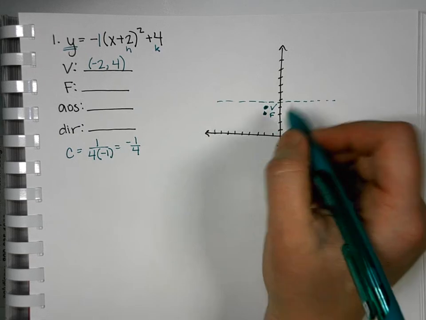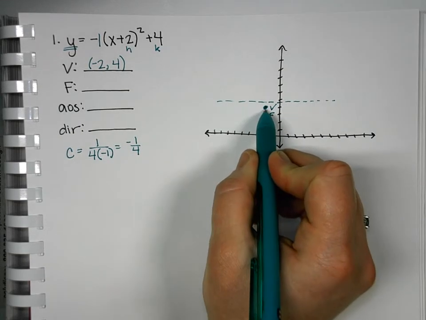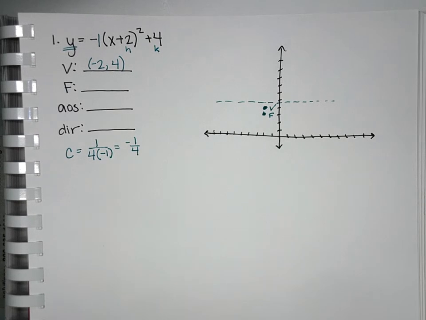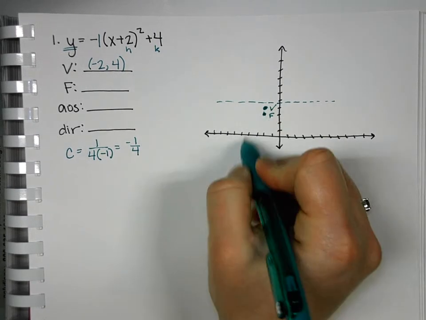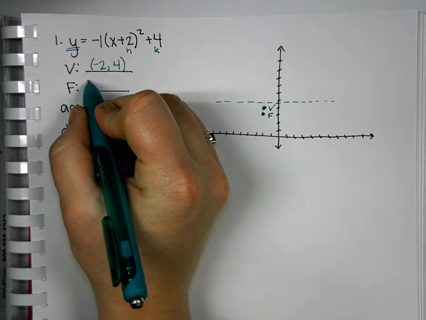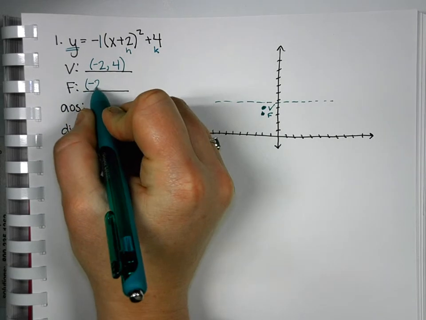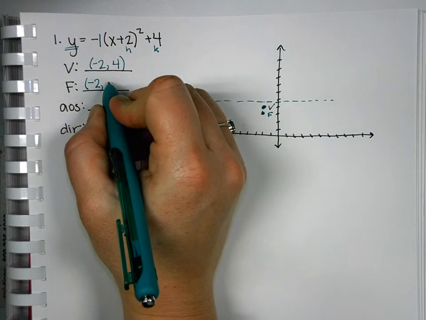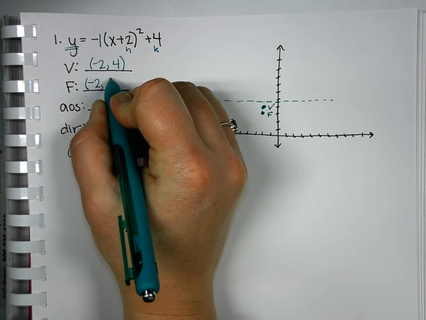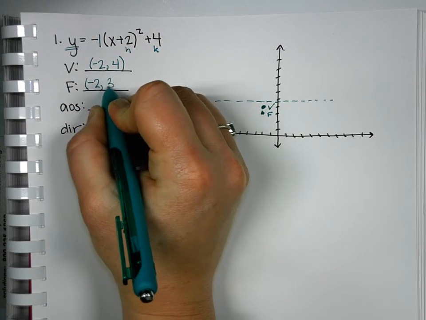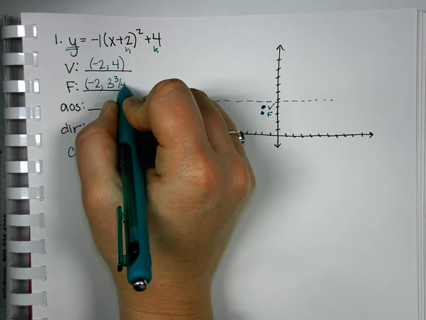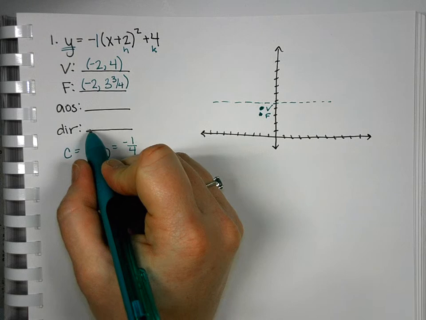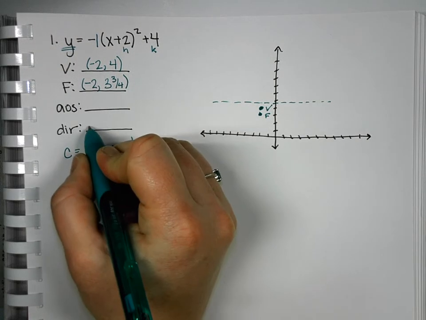So when it comes to writing the ordered pair, this is a vertical parabola going down, in fact. So I'm going to keep my x the same, but I'm going to take 4 and subtract 1/4. So 4 minus 1/4 will give me 3 3/4. There's the ordered pair for my focus. For my directrix, I'm going to add 1/4.